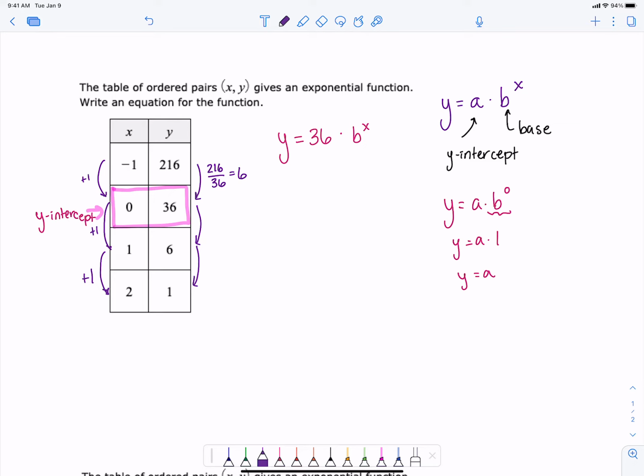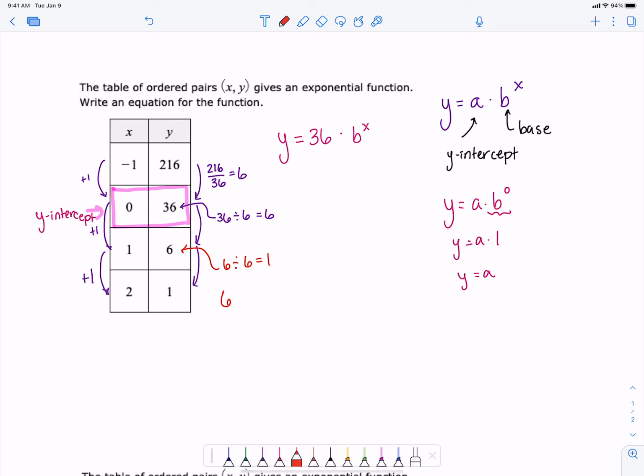What's happening at each step is that the previous value, in this case 36, is getting divided by 6, and we get 6. In the next step, this 6 is getting divided by 6, and we get 1.